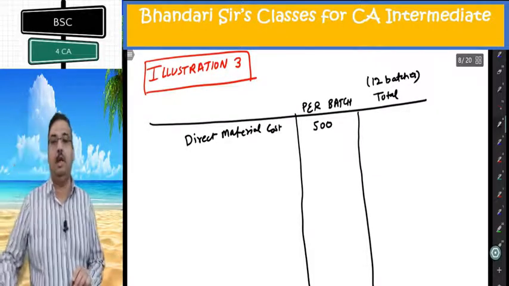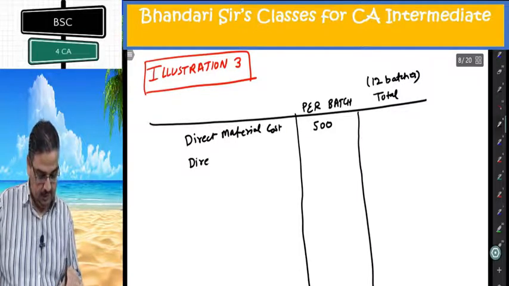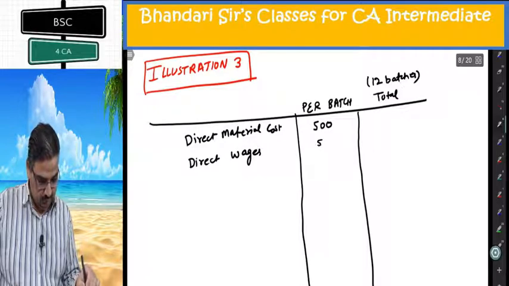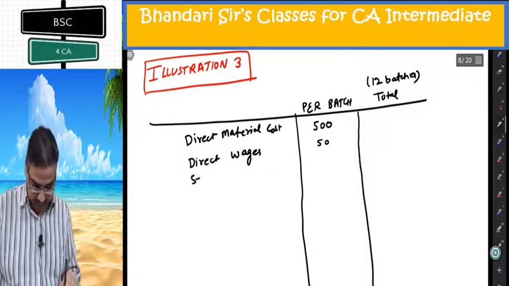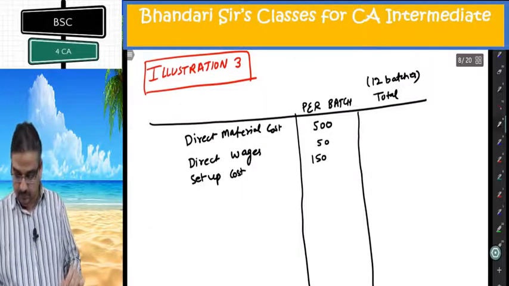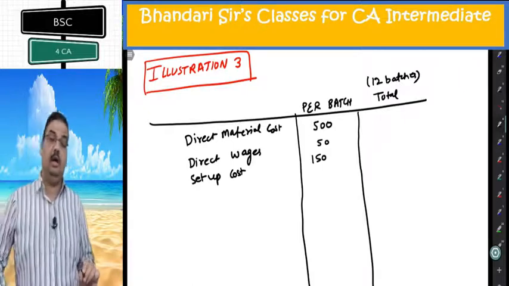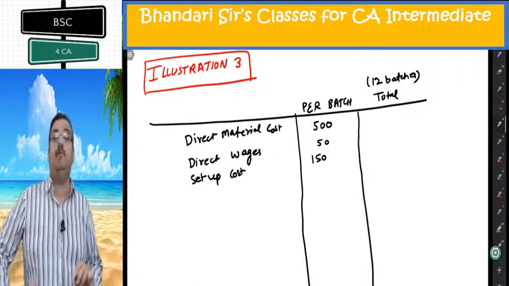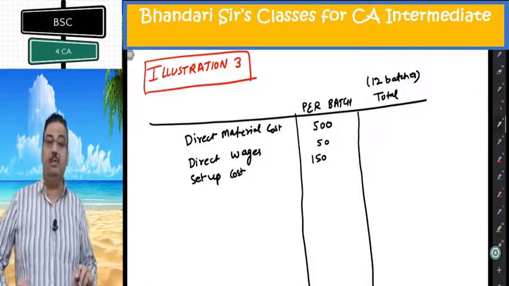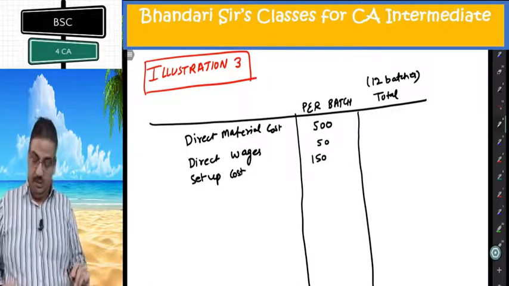For 12 batches, I will compute separately in the end. Direct wages 50. Setup cost 150. For processing each batch, you need to incur a setup cost. For every production run, for every setup, there is a fixed cost that is given there per setup, that is given there 150.